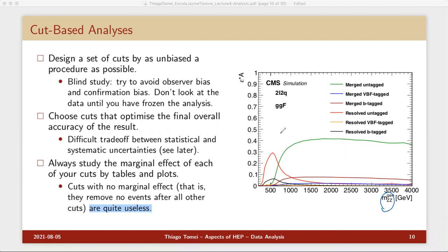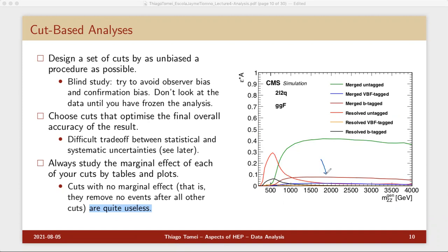If you're searching for a low mass resonance, this red set of cuts, which is called resolved untagged, has the highest efficiency, something like 30%. But then it decays quickly. While this one, merged untagged in green, rises up and then more or less stabilizes at something like 40%.